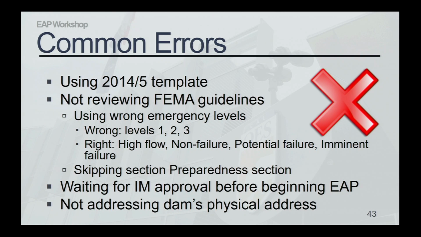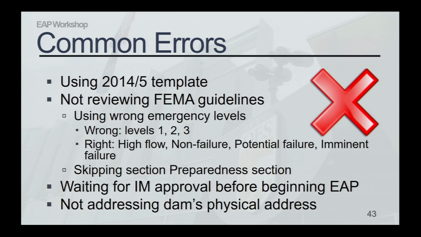Again, you probably heard this a few times: don't wait till your inundation map is approved to begin your EAP process. You can start today. And please do let us know what your dam's physical address is, if it has one. And if it doesn't, please specify that. The point of the EAP is to send emergency responders to the right spot, and we want to be sure we have a good location for your dam.